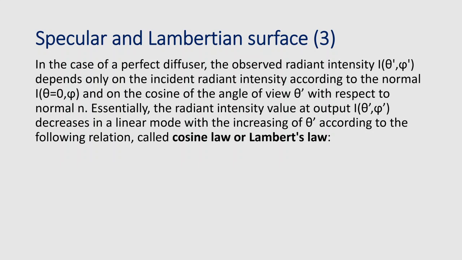Essentially, the radiant intensity value at output I decreases in a linear mode with the increasing of theta 1 according to the following relation, that is called cosine law or Lambert's law. So, in this case, you see, the energy that is reflected depends on the cosine of the reflection angle.